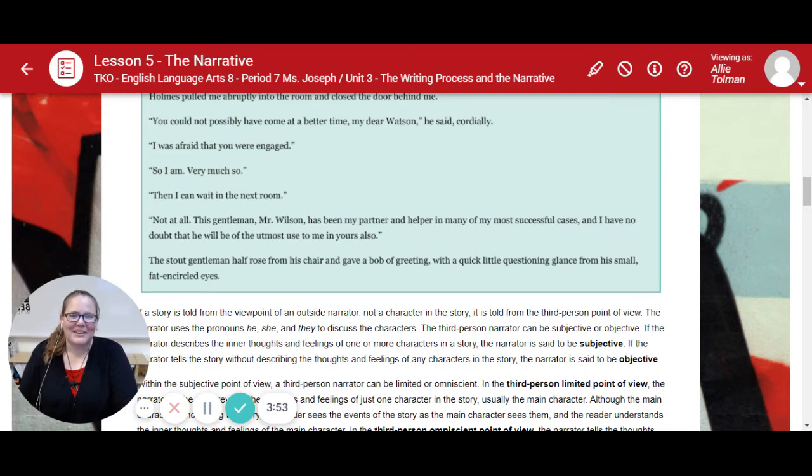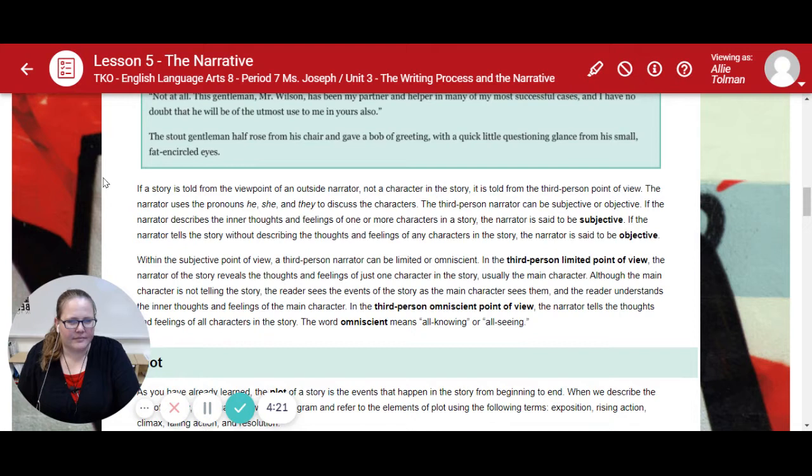"So am I, very much so." "Then I can wait in the next room." "Not at all. This gentleman, Mr. Wilson, has been my partner and helper in many of my most successful cases, and I have no doubt that he will be of the utmost use to me in yours also." The stout gentleman half rose from his chair and gave a bob of a greeting with a quick little questioning glance from his small, fat, encircled eyes.